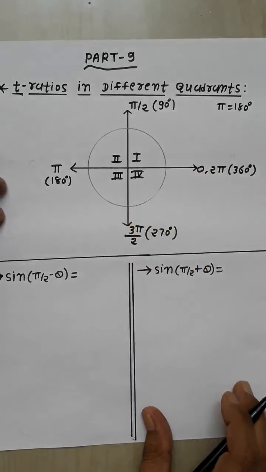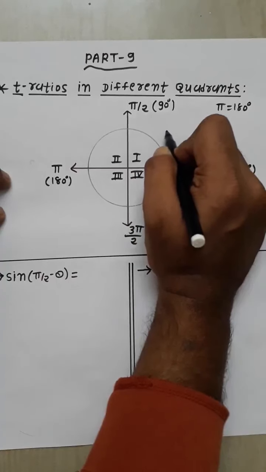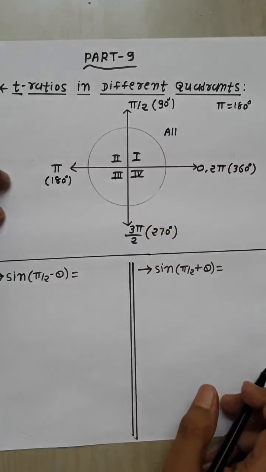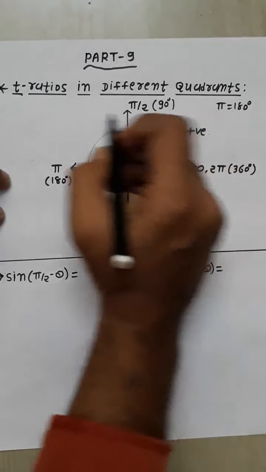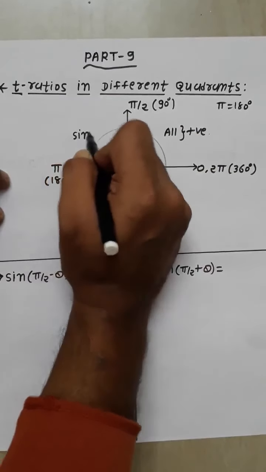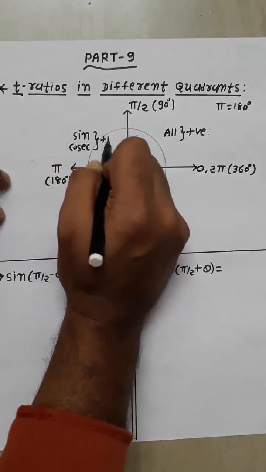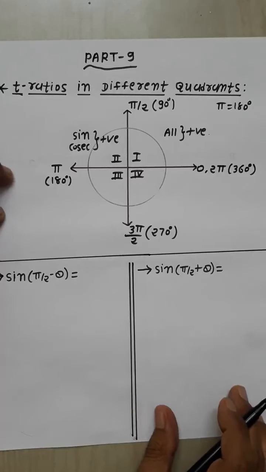In the first quadrant, the value of all trigonometric functions is positive, meaning sine, cos, tan, cot, sec, cosec, all functions are positive in the first quadrant. In the second quadrant, sine and cosec are positive, and the remaining 4 functions are negative.